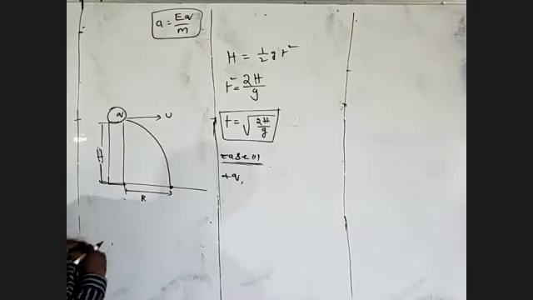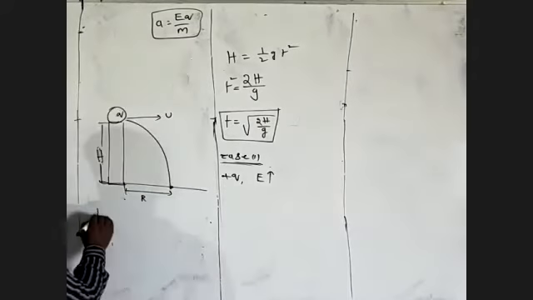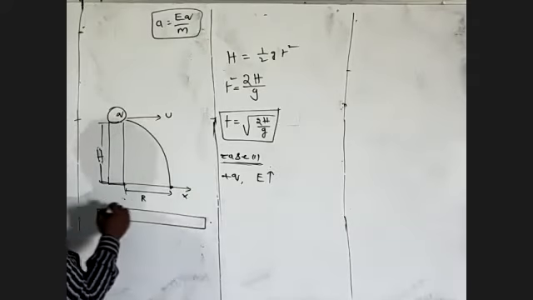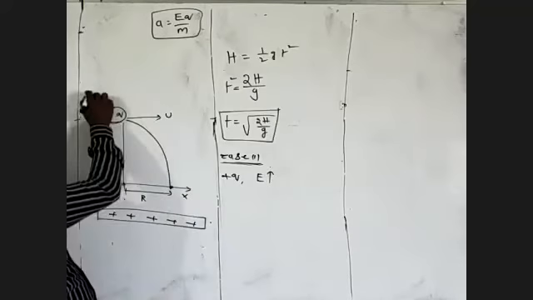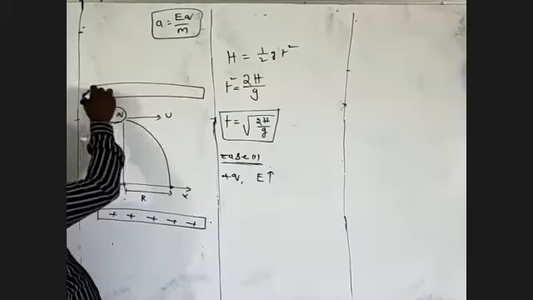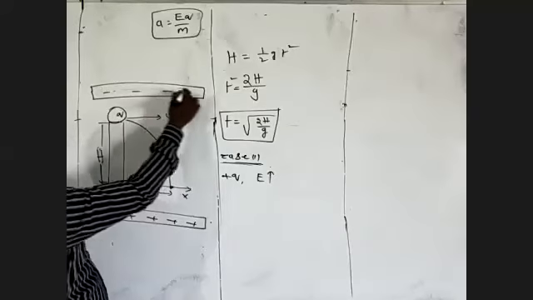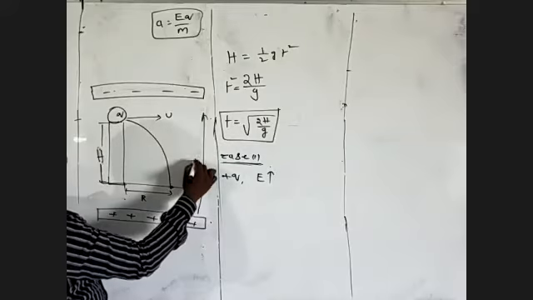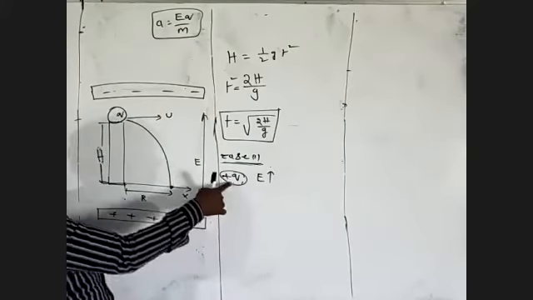Next, say the electric field is in the upward direction. Electric field upward means I'm taking the first plate, this is a negative plate. The direction of the electric field is from positive to negative. This is a positive plate with a positive charge.